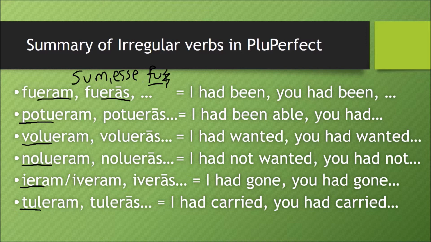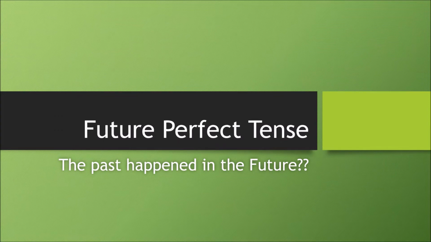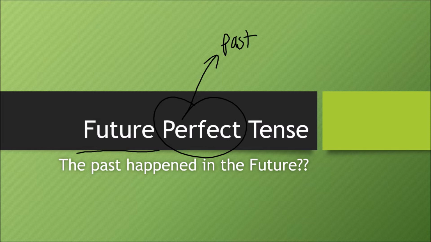I had carried, tuleram. Now, when we're talking about our last tense to learn in the active mood, the future perfect tense, here once again, the perfect tense is one of those past tenses, and then we're adding the idea of the future to it. So really, the future perfect tense is a past action that happens in the future.